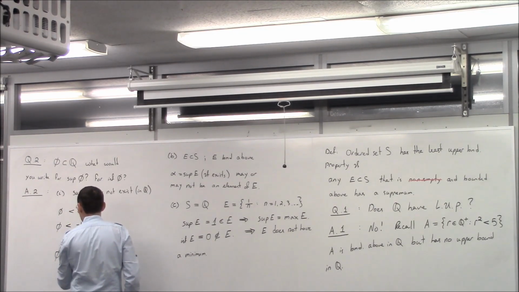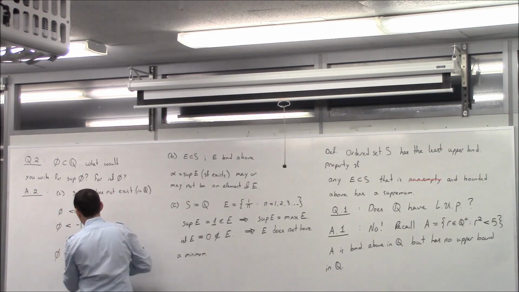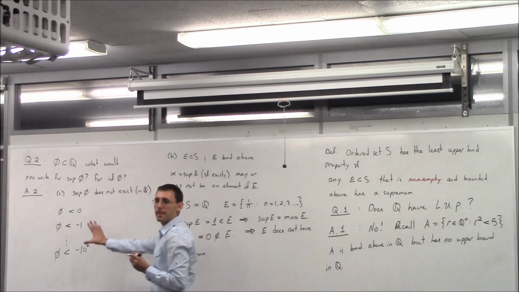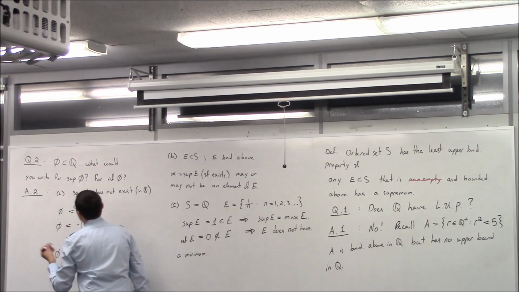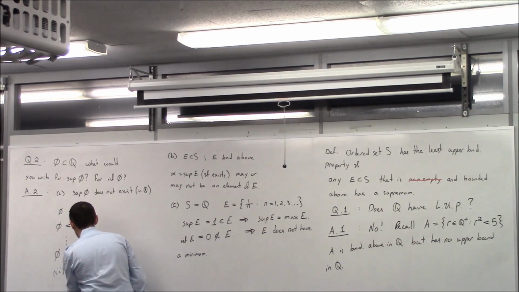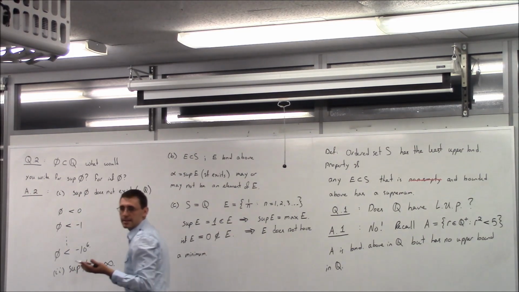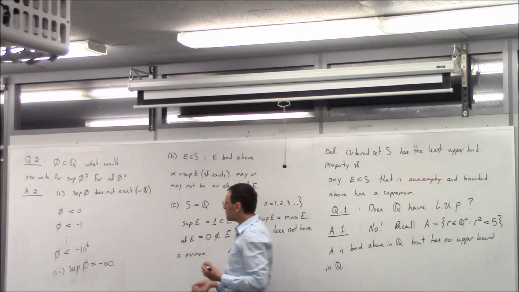Nothing will challenge the empty set. That's one way to say it, but you might as well just say that the supremum of the empty set is equal to minus infinity. That's a nice way to say that you can go anywhere down.